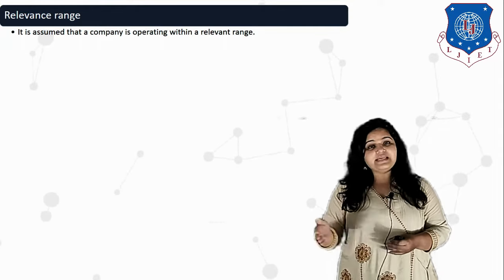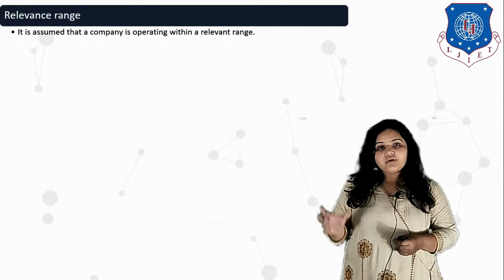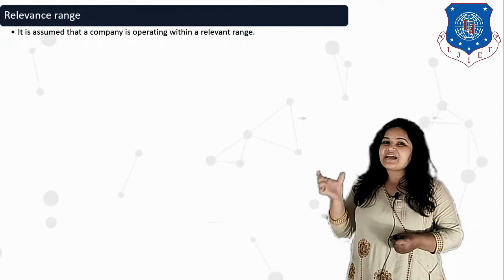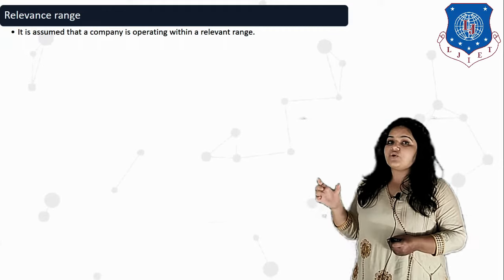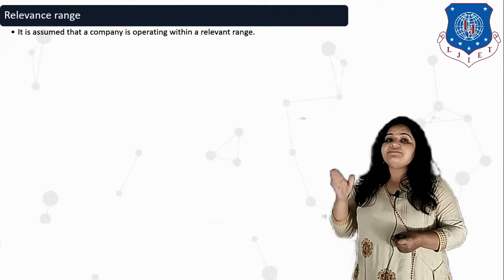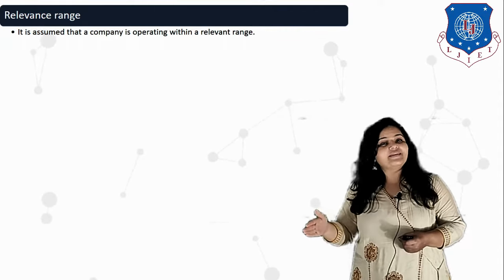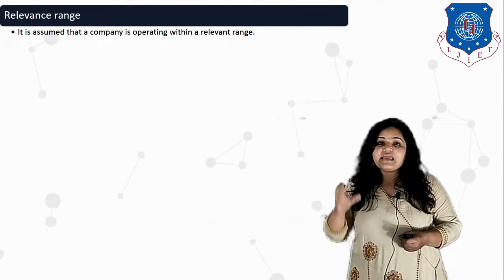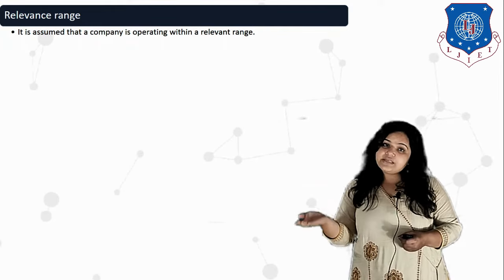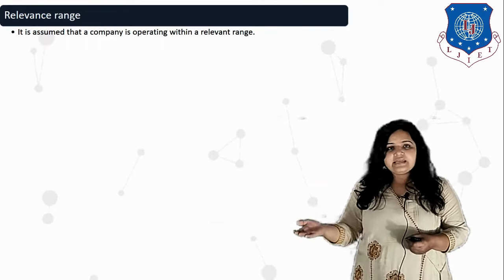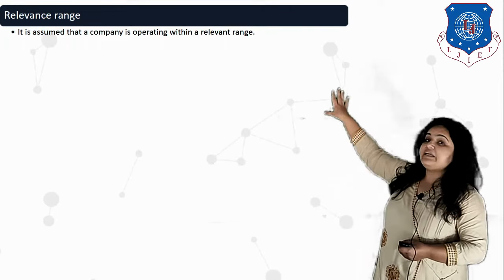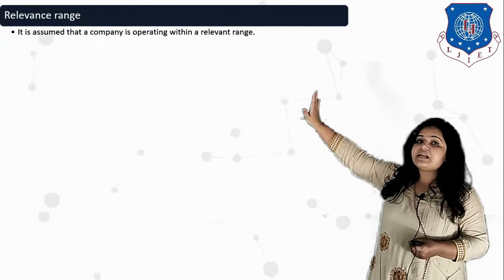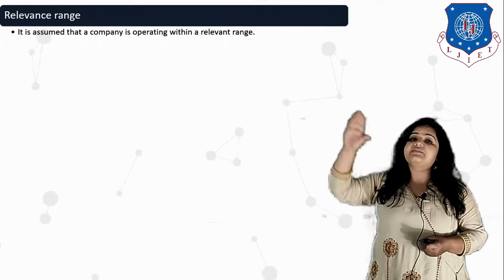From previous many lectures I am telling you that short run is a period during which the capital of the company remains constant, which means the fixed costs remain fixed. If your capital does not vary and only your labor varies, then the corresponding range is considered to be the relevant range for break-even analysis.